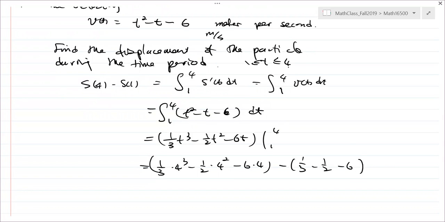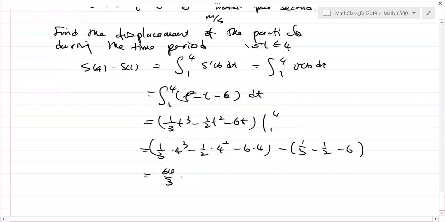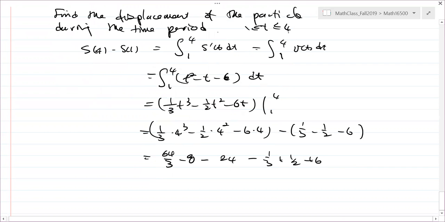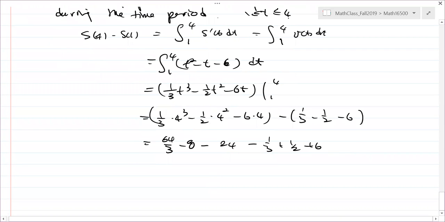It's going to be 64 over 3 minus 16 divided by 2, which is 8, and the 24, minus 1/3 plus 1/2 plus 6.